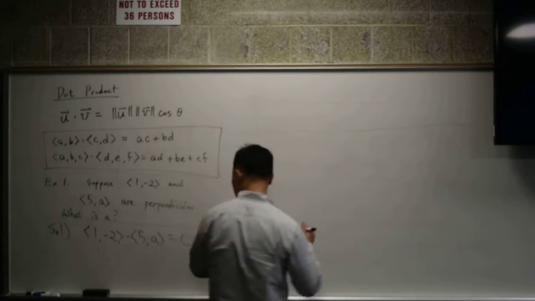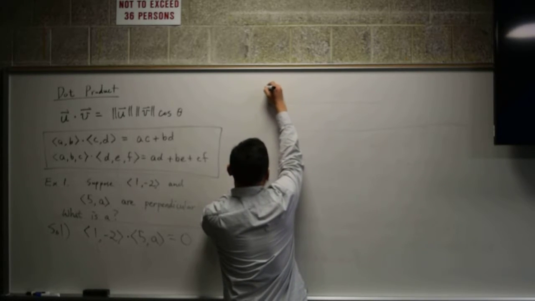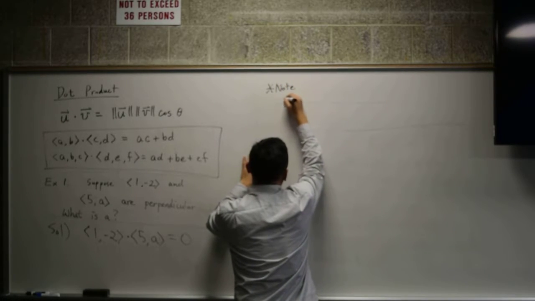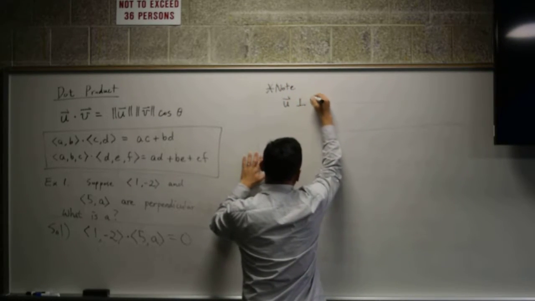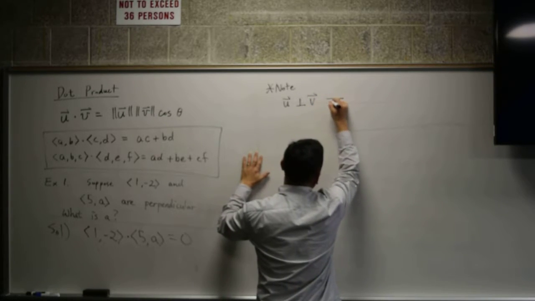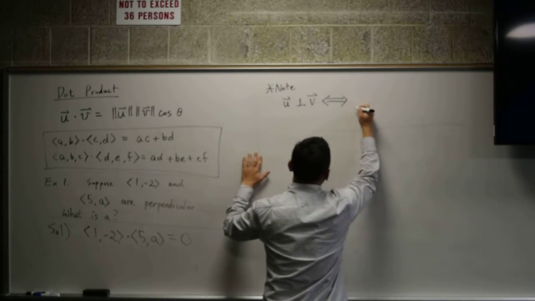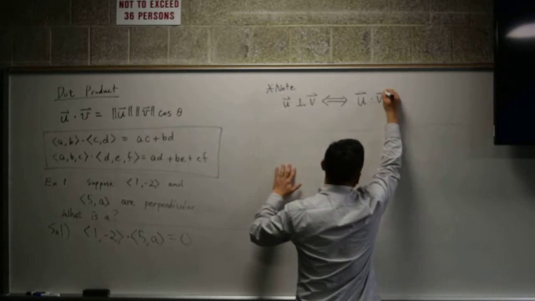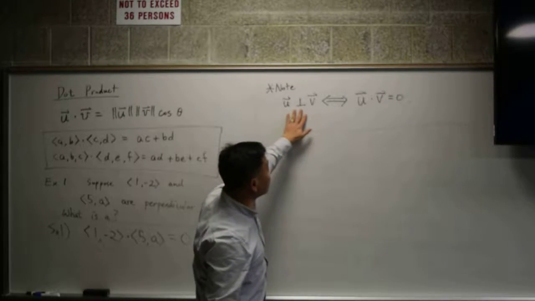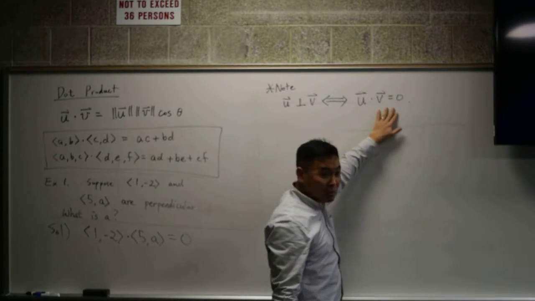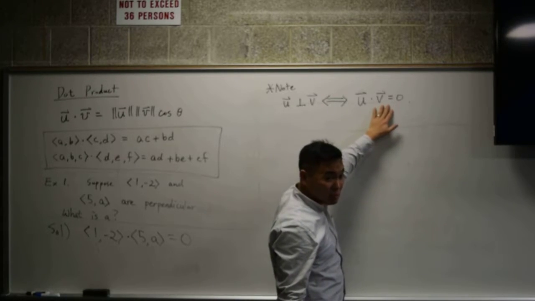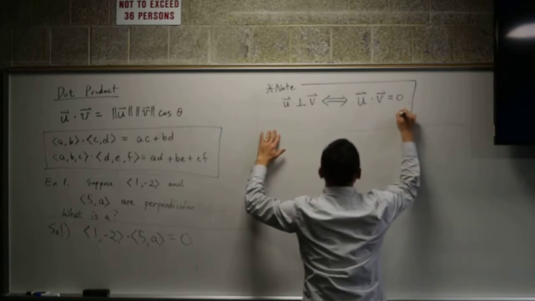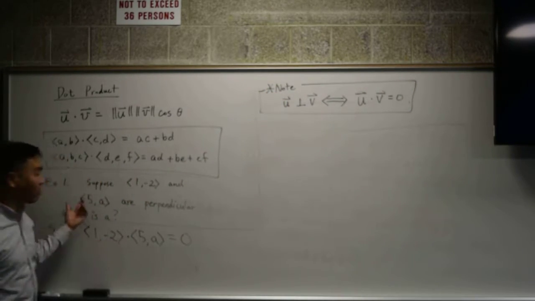Note, U vector and V vector being perpendicular is the same thing as U dot V is 0. So if two vectors are perpendicular, their dot product is 0. If two vectors' dot product is 0, they're perpendicular. It's vice versa. It's a very important note.